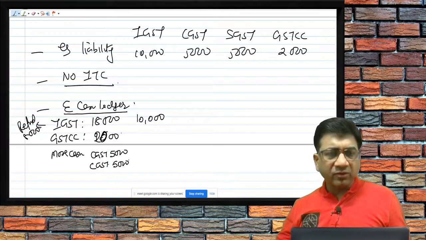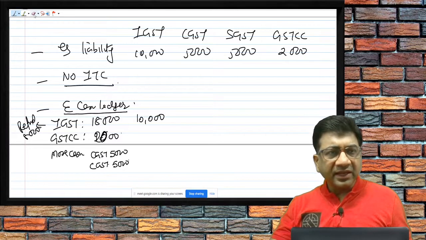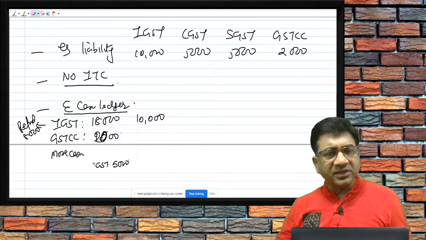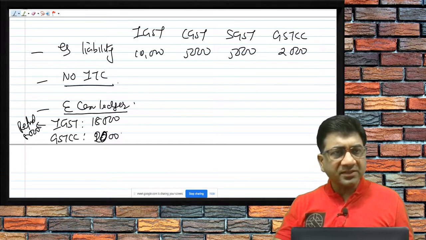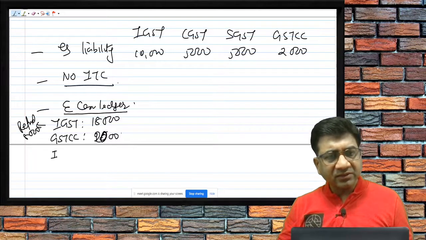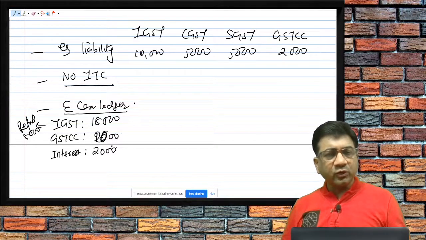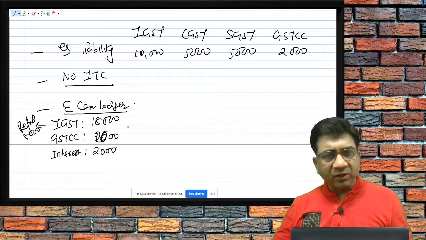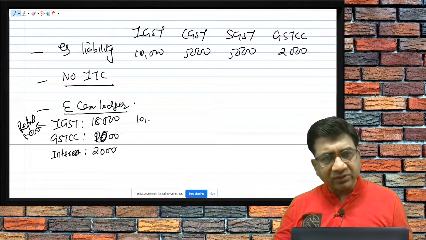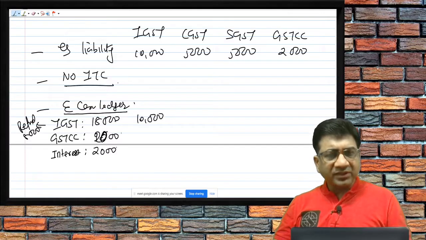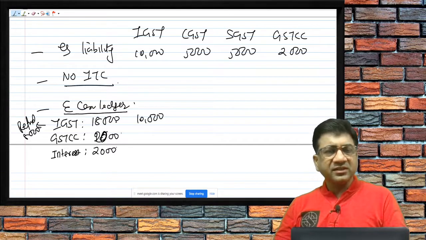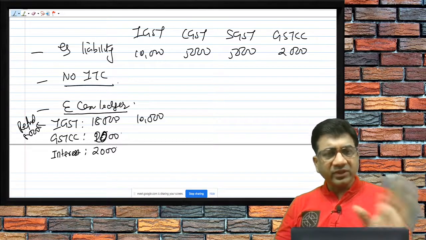But now what you can do is inter and intra head adjustments are also there. Maybe this 2,000 is lying in your interest. Now what you can do is, out of 18,000, you set off 10,000 and transfer IGST of 8,000 to the CGST head of the e-cash ledger.